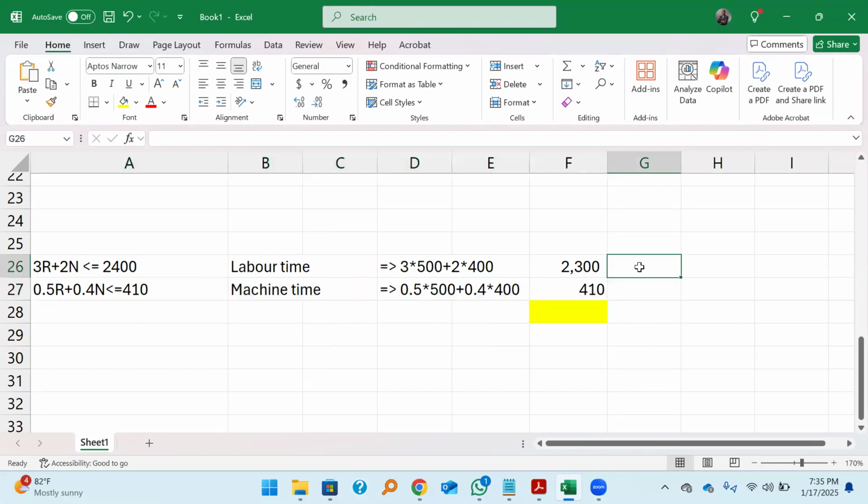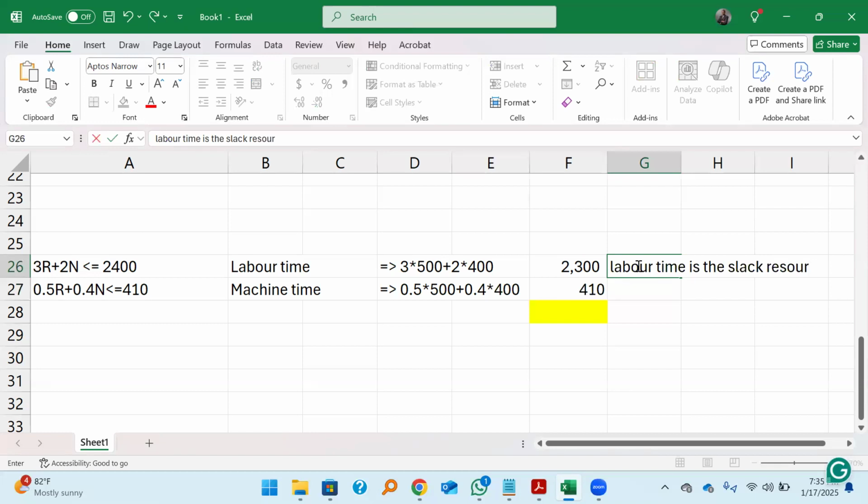Therefore, labor time is the slack. It means that when you finish doing this, you still have a few hours of labor time that you can use. That's what it means by having slack.